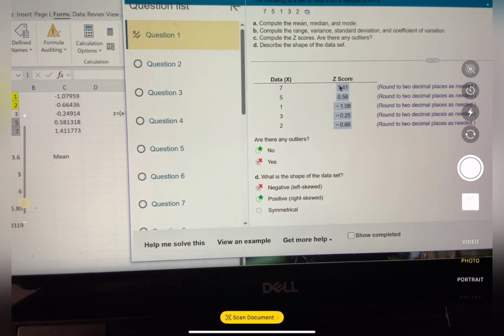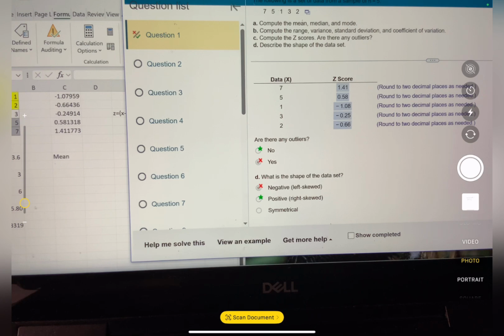But we are going by absolute value, whichever has the greatest absolute value, and based on its sign it will be positive or negative. So if I would have, let's say, negative 1.8, of course 1.41 is greater than negative 1.8, but the absolute value 1.8 is greater, so it would be negative skewed. I didn't pay attention.